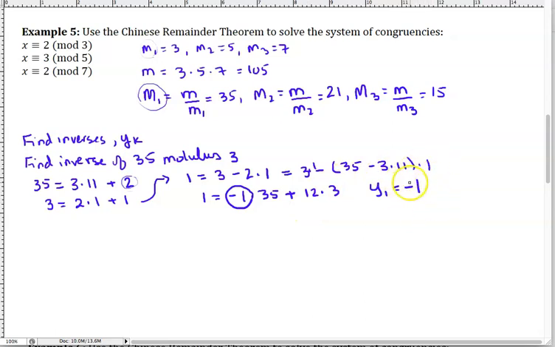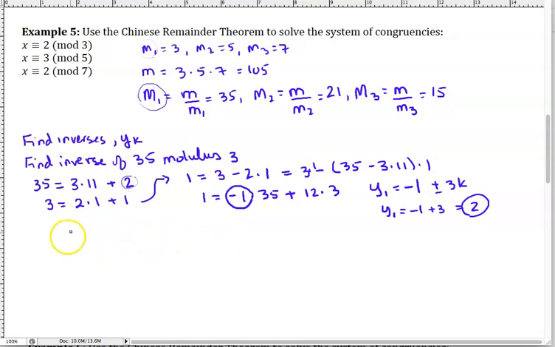You can use the -1, or you can remember that you can add any multiple of the modulus you're working with, so add 3 to get the first positive one. So -1 plus 3 is +2. If you work with the negative or the positive, you're still going to get the same answer at the end.